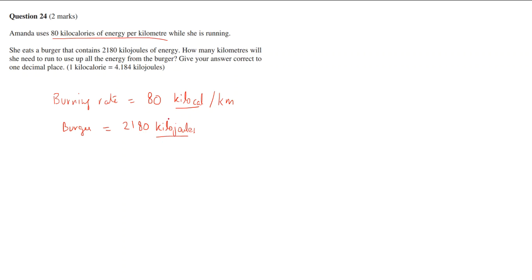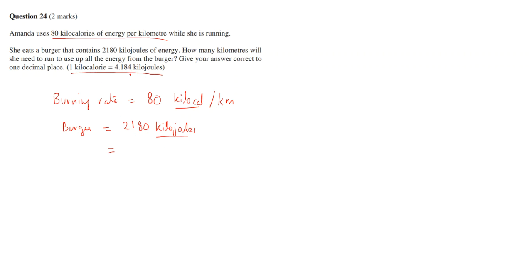Once we know how many calories she has taken, we can then work out how many kilometers she needs to run to burn those calories. So first we need to work out how many calories are there in 2,180 kilojoules. And you're given the rate of conversion here, that 1 kilocalorie has 4.184 kilojoules.